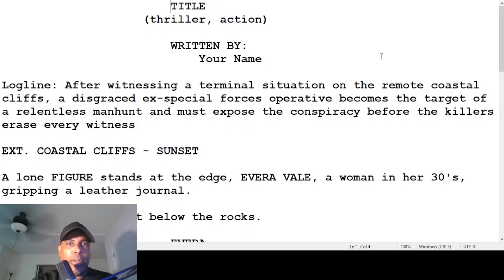So title, thriller, action, written by you. Log line. After witnessing a terminal situation on the remote coastal cliffs, a disgraced ex-special forces operative becomes the target of a relentless manhunt and must expose the conspiracy before the killers erase every witness. So we're starting off right there. Waves are crashing. It's noisy. It's sunset.